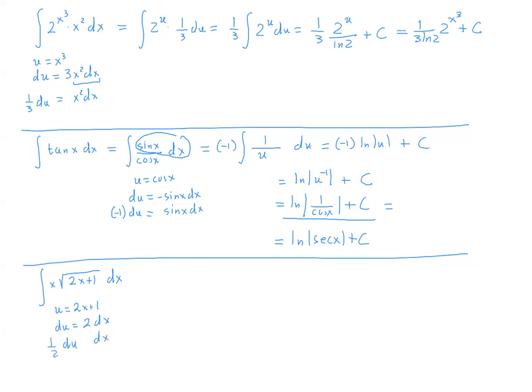Here there is an additional step, because once we try to perform a substitution, we have this x right here. So we need to also solve for x, and this will give us u minus 1 over 2 being equal to x. So now we have all the pieces together. And so x is u minus 1 over 2. Square root of 2x plus 1 becomes square root of u.